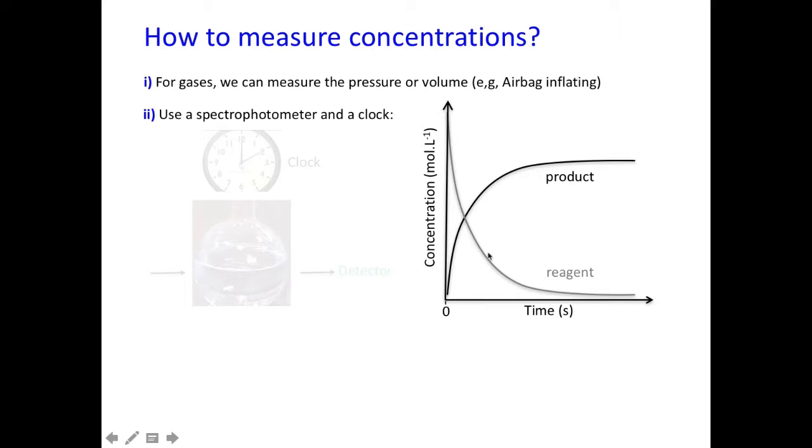And the product, in the beginning the concentration is very small, so in principle there is no product in the reaction vessel. Then the product is formed, in the beginning very fast, and then the formation gets slow until it reaches a stationary state, where the concentrations are now constant.